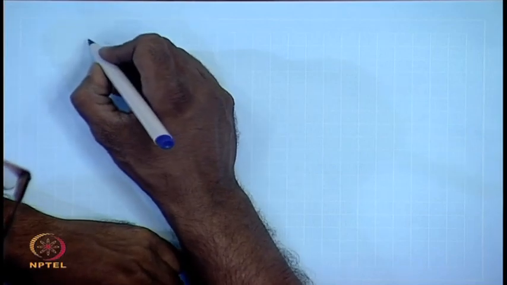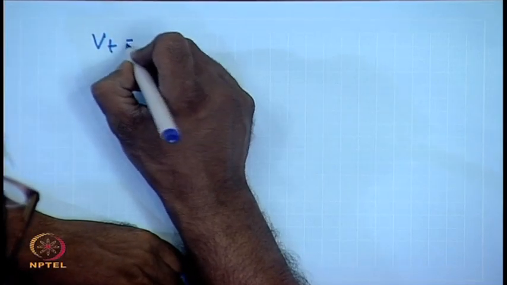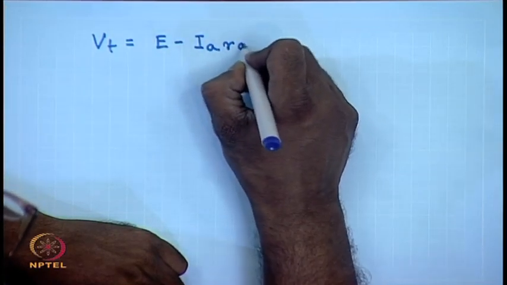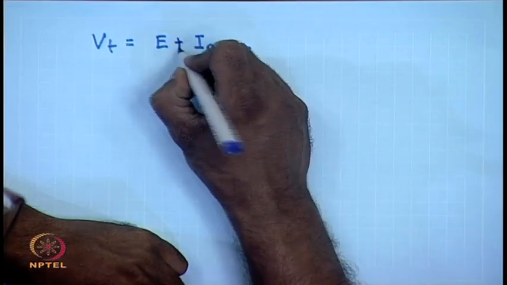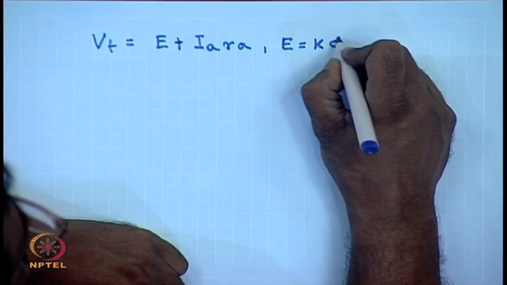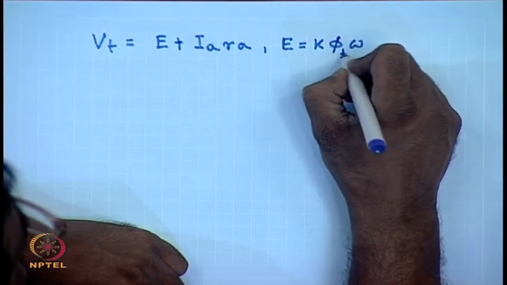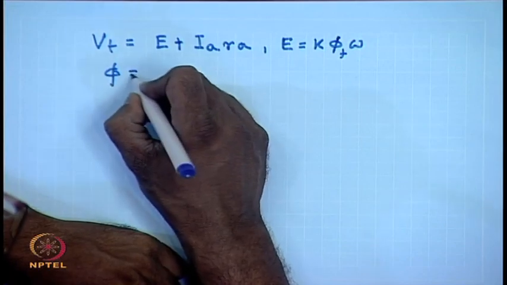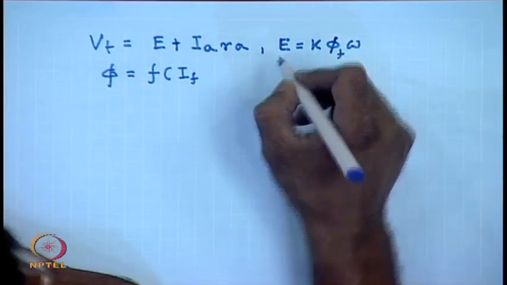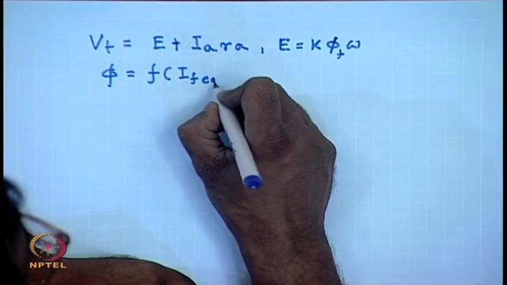Now, so far we have neglected armature reaction. We have written V t equal to E minus I A R A, and E plus I A R A, and E equal to K phi f omega, or phi f equal to function of I f, but when you consider armature reaction, this should be phi f equivalent.